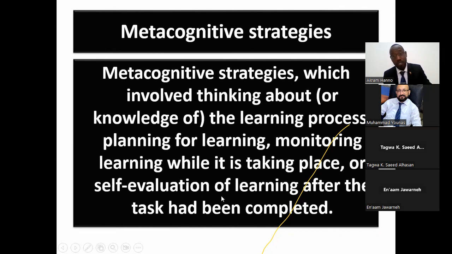So this one is the metacognitive strategy.